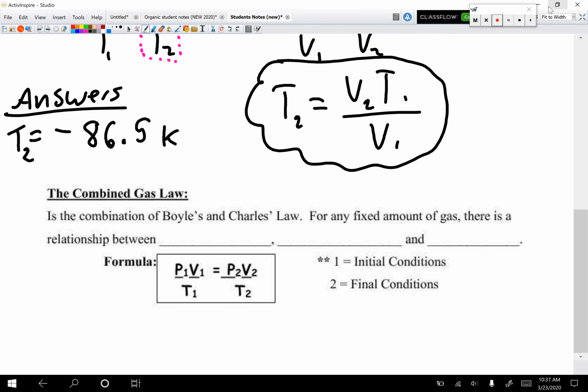So after Charles' law, what we have next is the combined gas law. This is combining both Boyle's and Charles' law together for any fixed amount of gas, and this is the relationship between pressure, volume, and temperature.